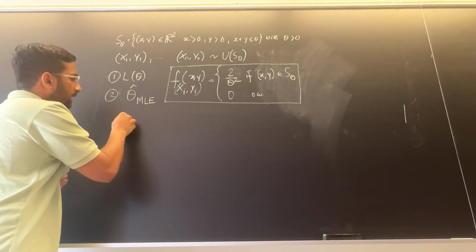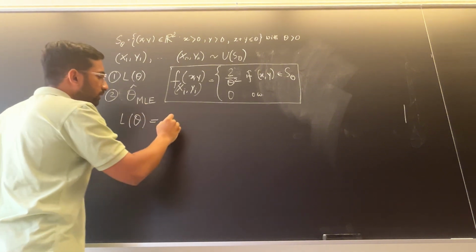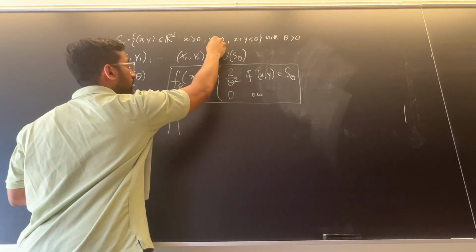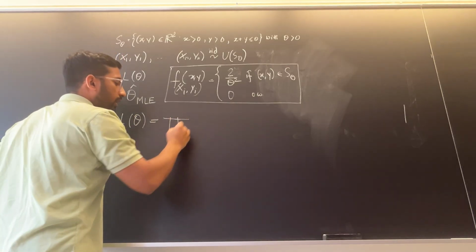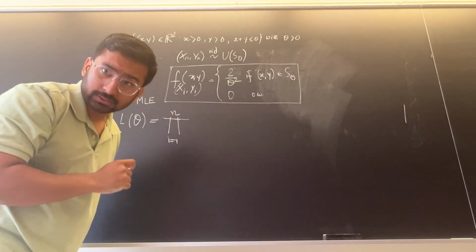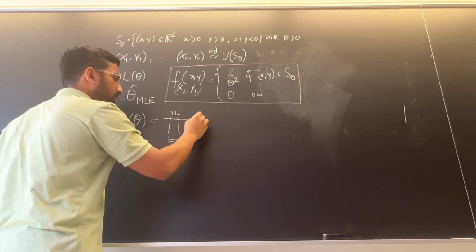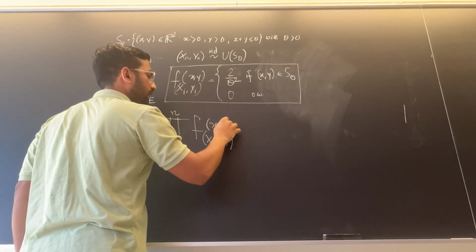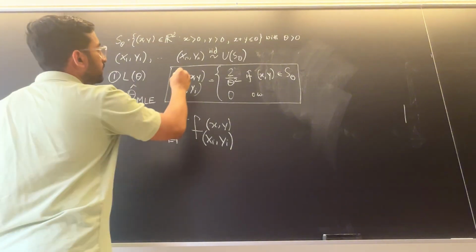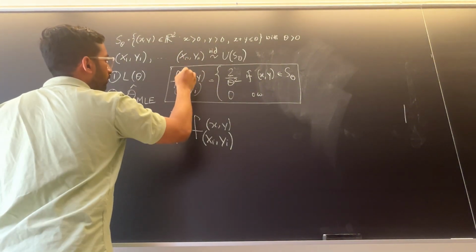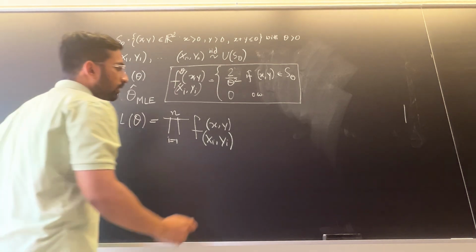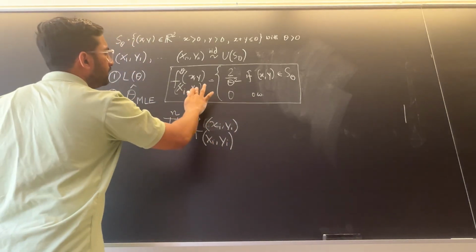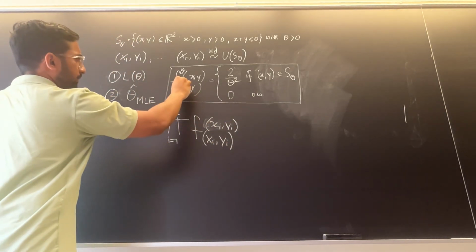So the likelihood L of theta is nothing but the product, since these are IID, I forgot to say it's IID, the product of the density of these n random variables, f theta of (xi, yi), and here we should make it general, x and y.